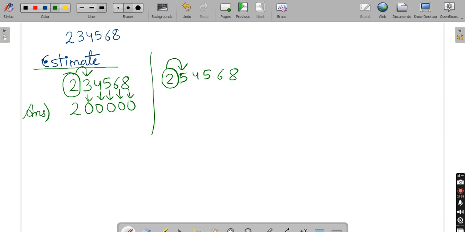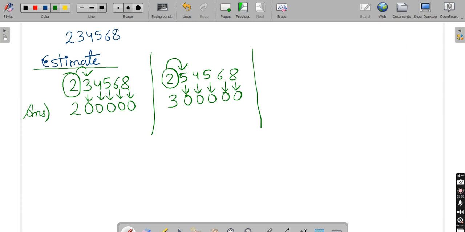Now the number before it, if it is 5, I already told you the rule: if it is 5, then also I will add. So what is the answer? It becomes 3, and after that all the digits will be 0, because it is 5. Now similarly, see here all of you, that I am estimating.